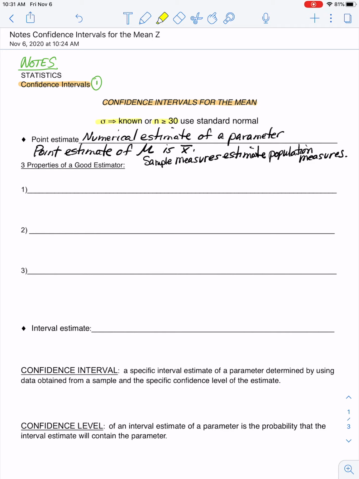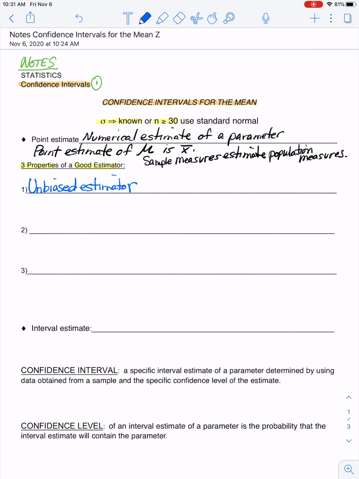Next up we have three properties of a good estimator. In other words, what makes a good estimator? Well, one thing is it's unbiased, so it doesn't favor anything one way or the other. It just plays fair.